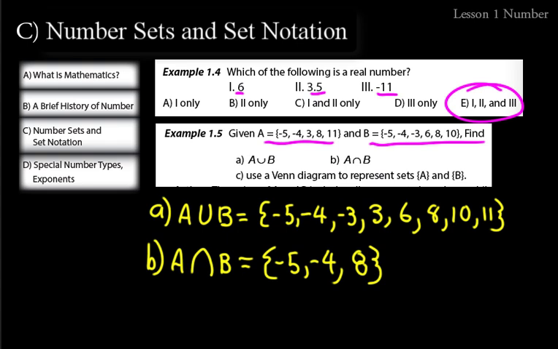And then C, we want to use a Venn diagram to represent sets A and B. Those are named after John Venn, and like Leonhard Euler, who is considered one of the most famous mathematicians ever, his father and Euler's father, they were both pastors. John was a pastor for many years himself.